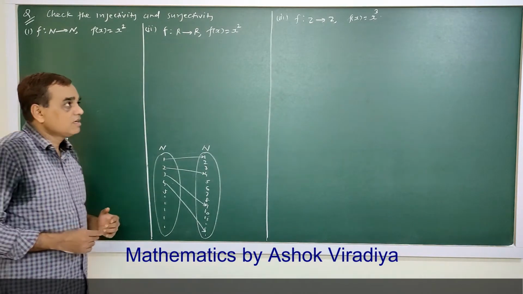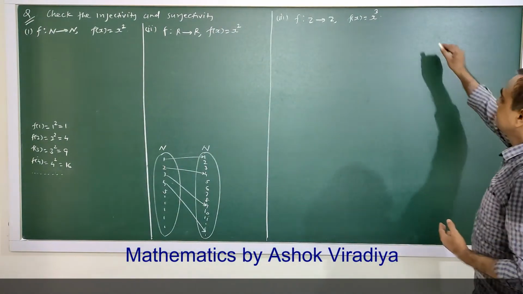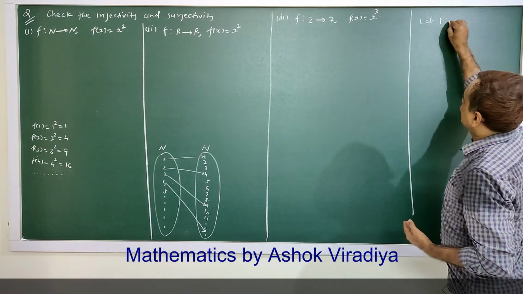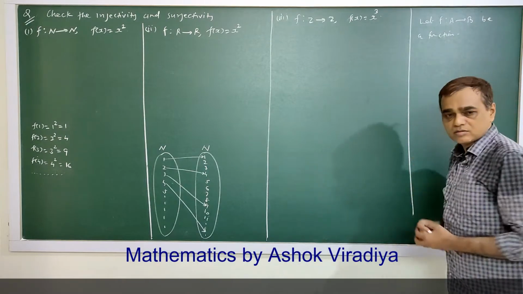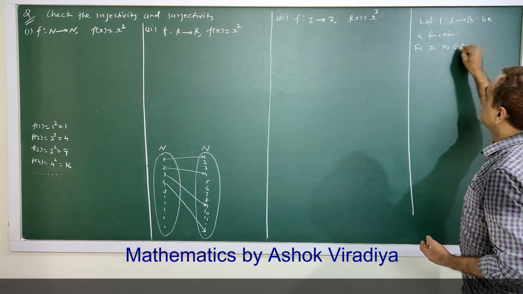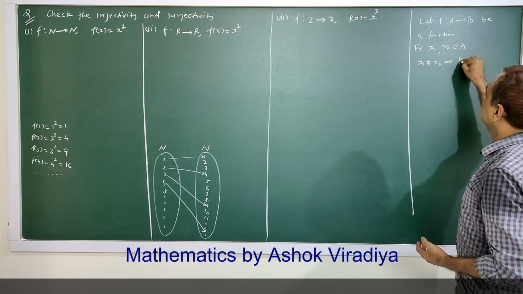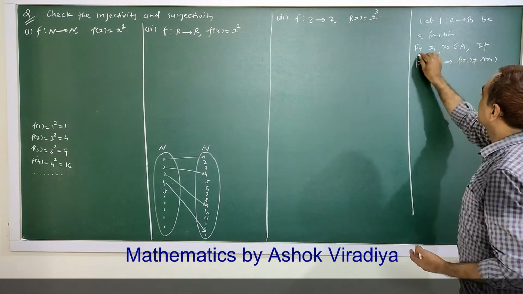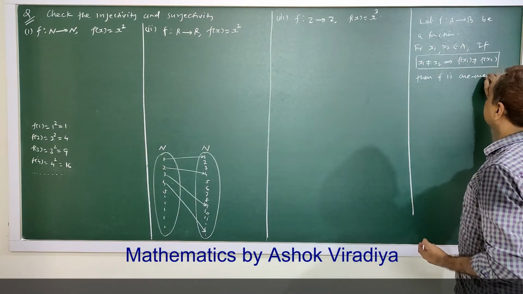Now see, when we discussed the definition of one-oneness, in that definition, let f from A to B be a function. For x1, x2 belonging to A, x1 not equal to x2 implies f(x1) not equal to f(x2). If this condition is satisfied, then the function is one-one.